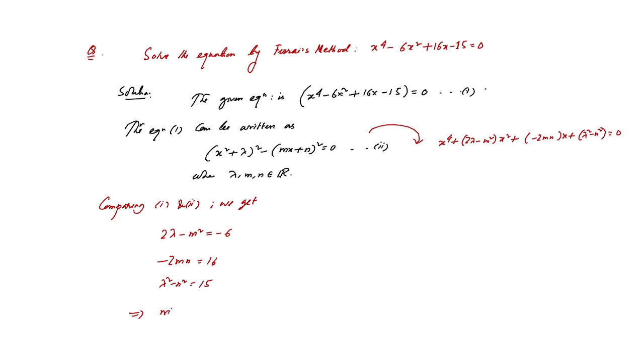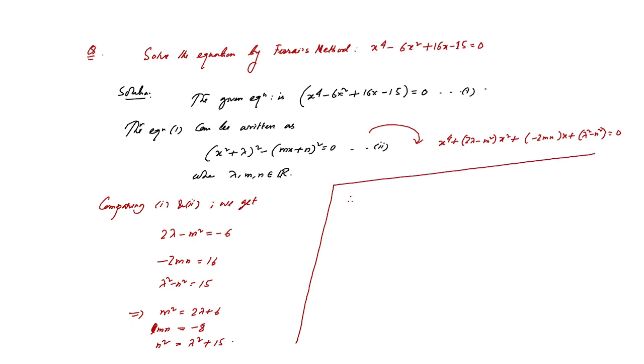From this you can write m square equals 2 lambda plus 6, 2mn equals minus 8, and n square equals lambda square plus 15. Now we'll eliminate m and n.